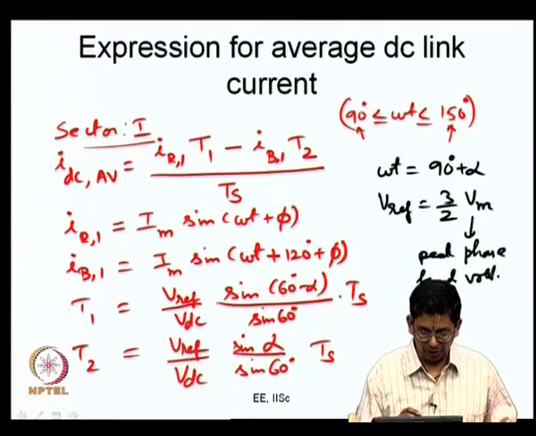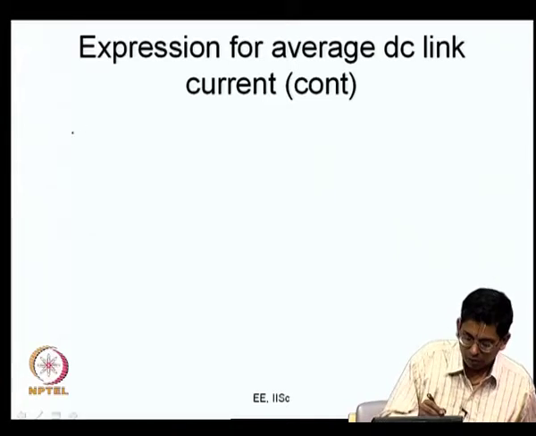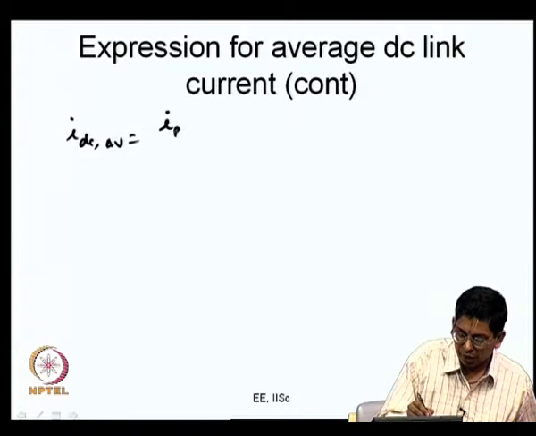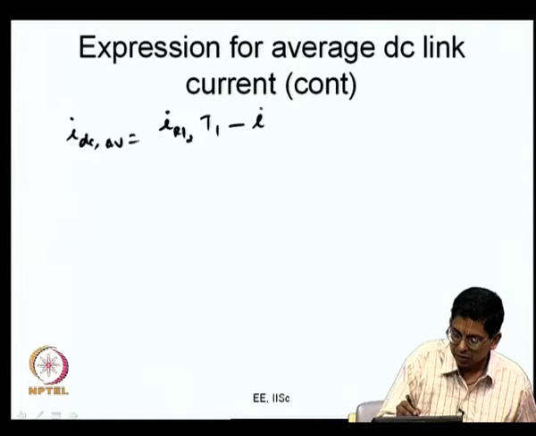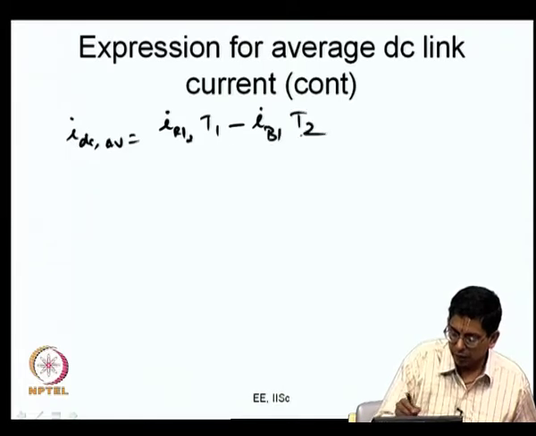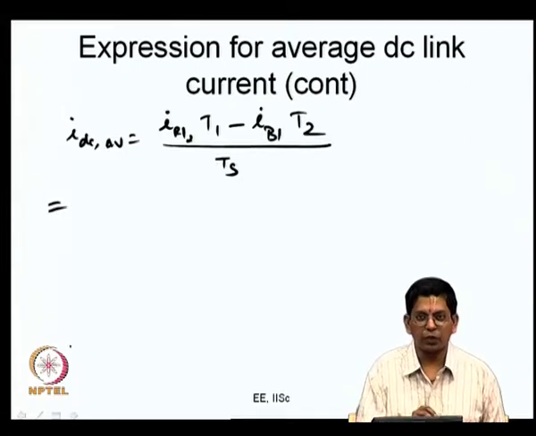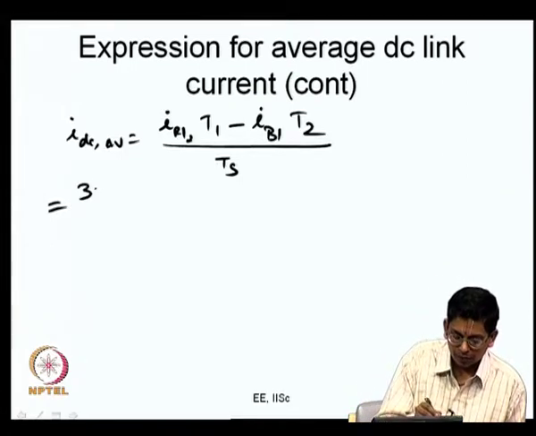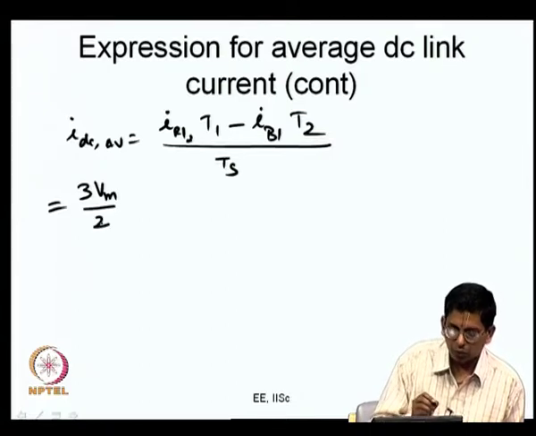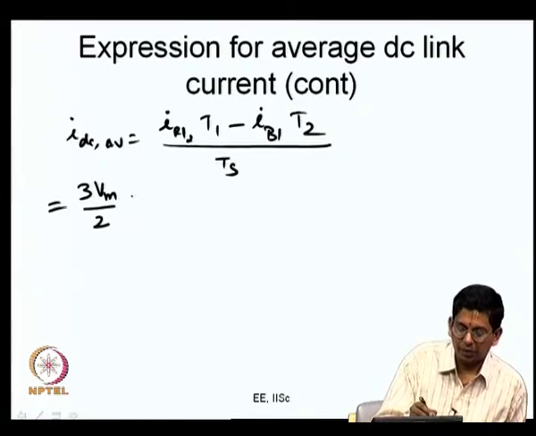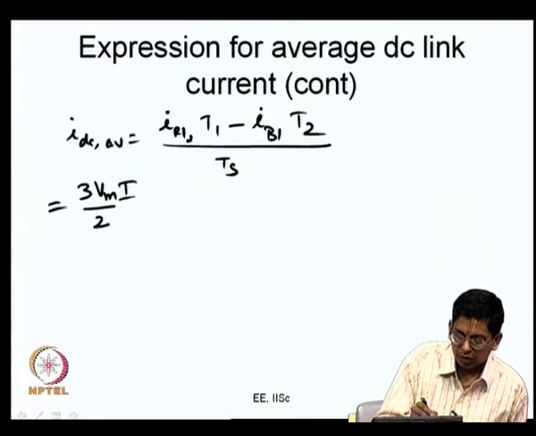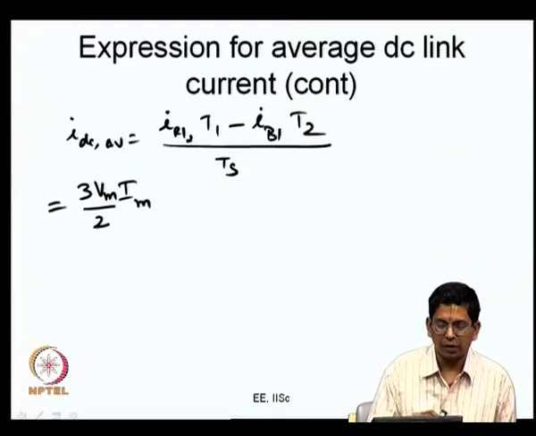So, what do we have here? We have IDC average equal to (IR1 T1 minus IB1 T2) divided by Ts. Here you have Vref for T1 and T2, and Vref is 3 Vm by 2. Then you have Im here, which is common, and again Ts is common.